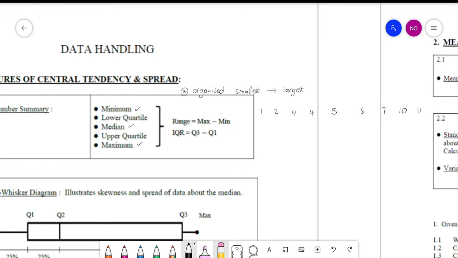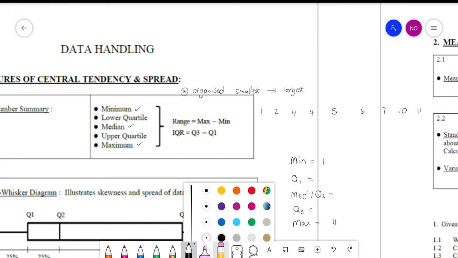So from this, I can easily identify the minimum value will be 1. And then I'm going to leave these out first so that they are in the right order. The maximum value will be 11 because that's the biggest value.